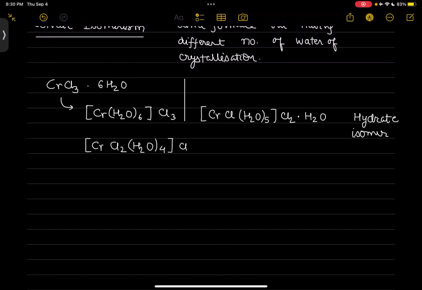One Cl has remained outside. Clear? Then that will become neutral if it is totally inside.